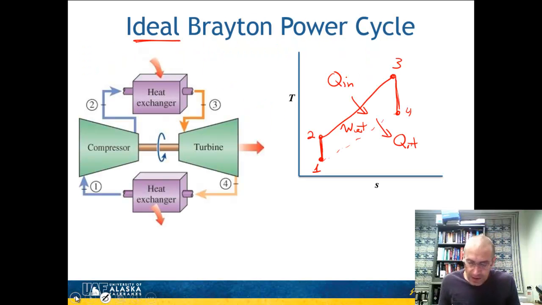So again, let's look at T1 to T2. That's running through the compressor from a low to a high pressure.